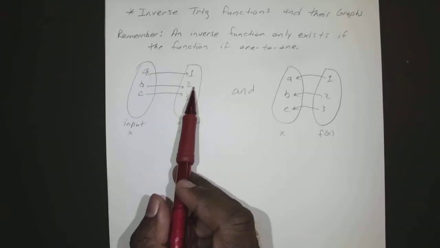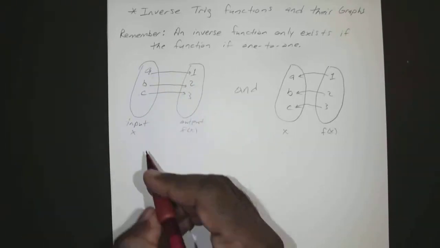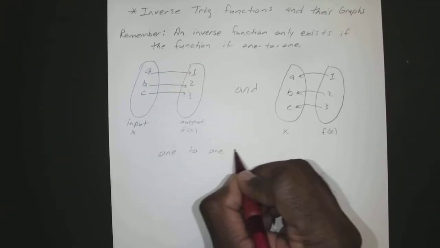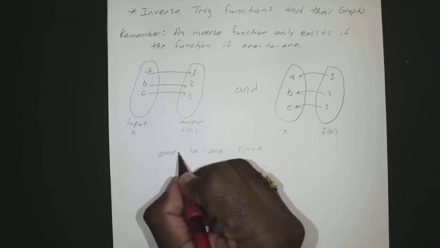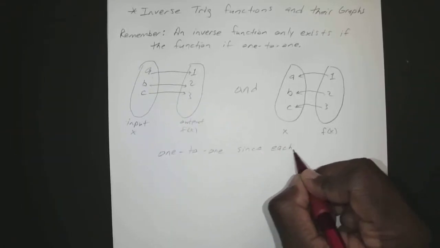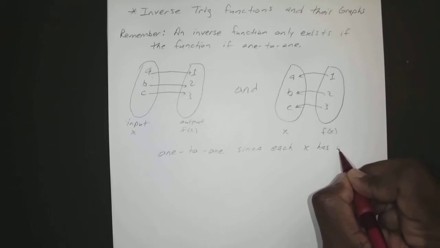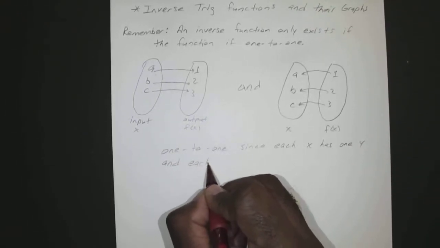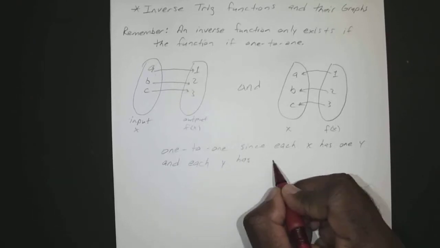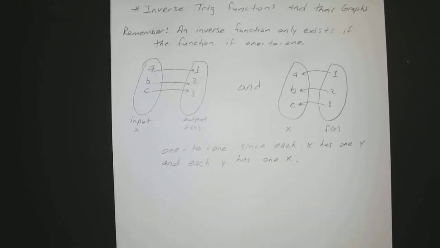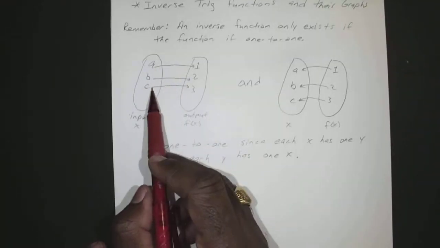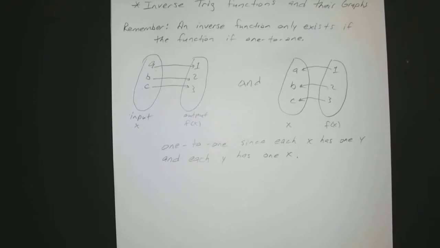So each x has one y, each y has one x, so you know they're both one-to-one. Okay. Now, if you had A is 1, B is 2, and C was 1, then it wouldn't be one-to-one. They're only allowed to have one of each.